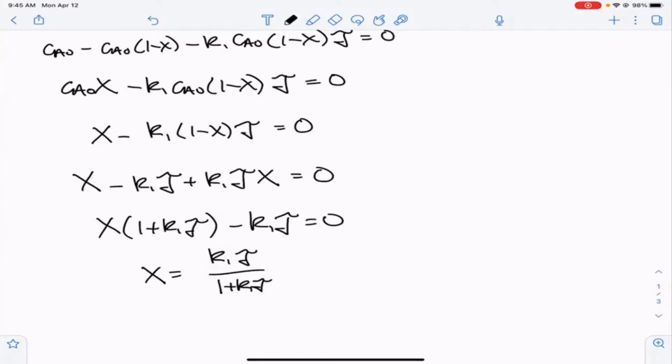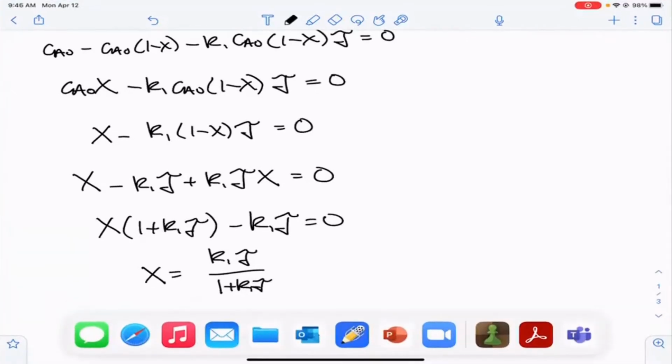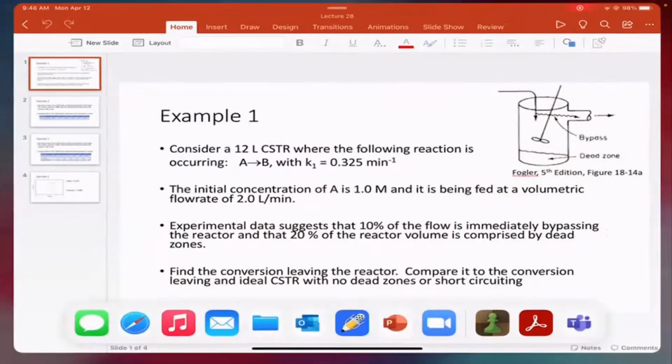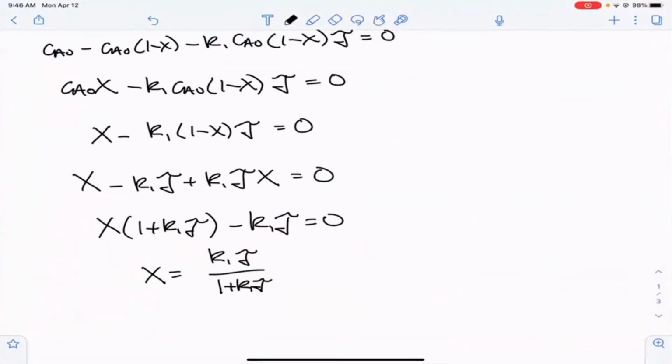And so if we know that tau is the volume divided by the volumetric flow rate, so here in our problem, right, we know that we have a 12-liter CSTR, and we're given a volumetric flow rate of 2 liters per minute, right?